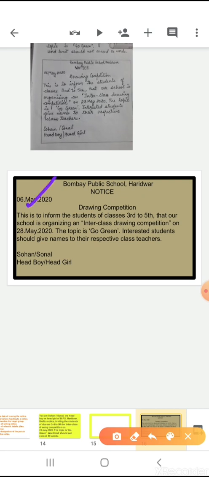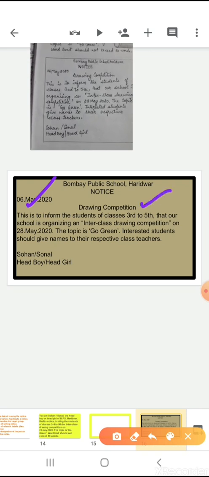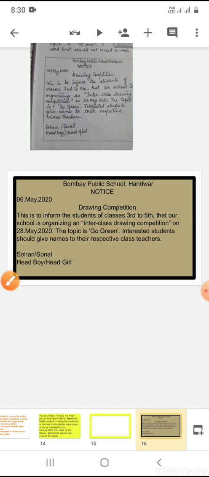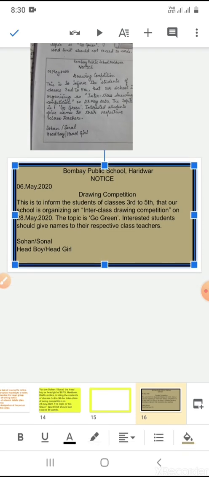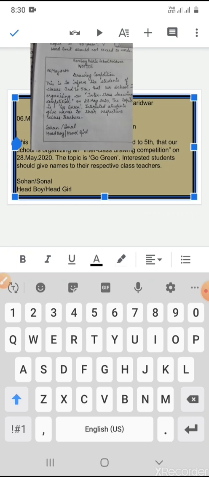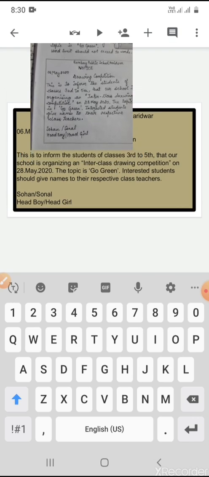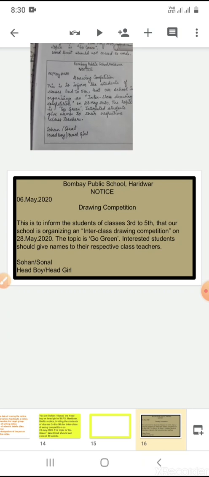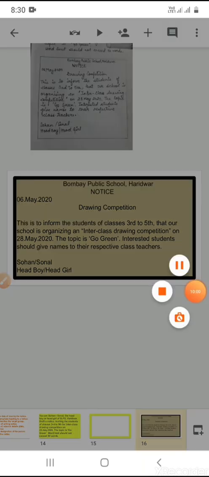Then you have to write down the heading. After heading, you have to leave one line and then you have to start writing the notice.